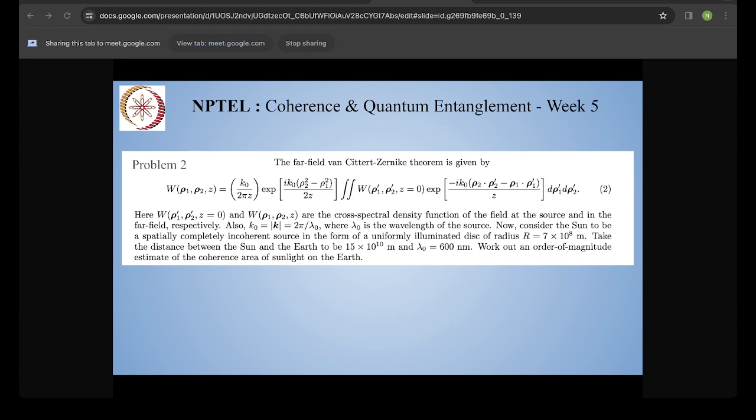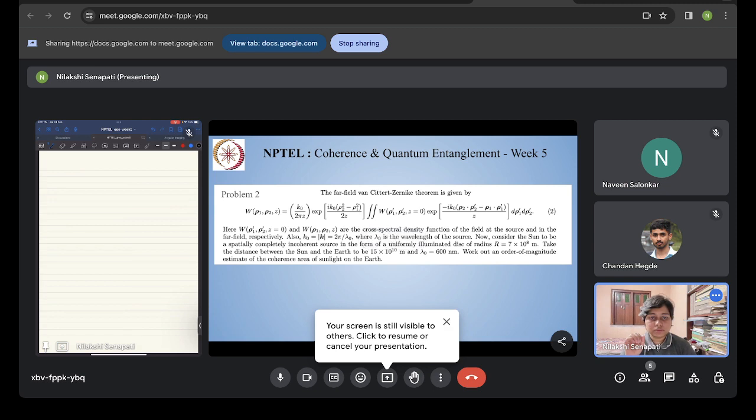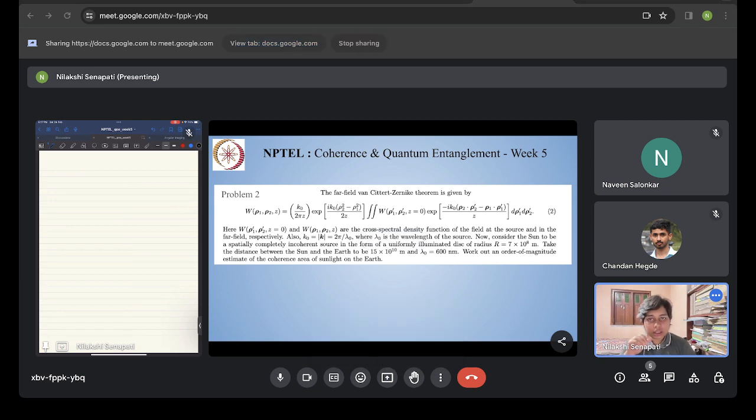So the question is saying that everything is given to you and you need to calculate the coherence area of sunlight on the earth. It is mentioned that the sun is a spatially completely incoherent source with uniform intensity.